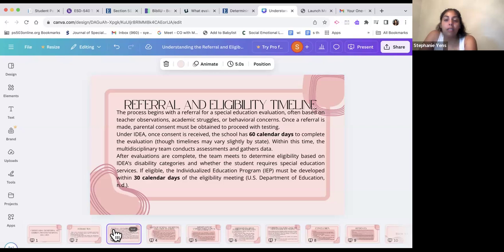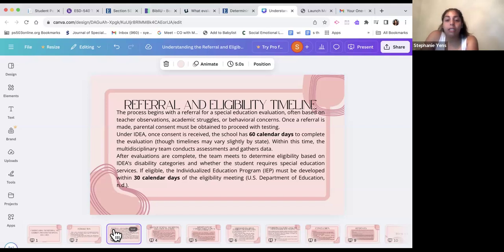And once the parent gives consent, the school has 60 calendar days to complete the evaluation, and this can vary from state to state. And within this time, the multidisciplinary team conducts assessments and gathers data.